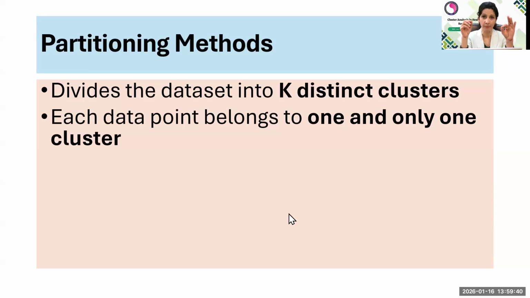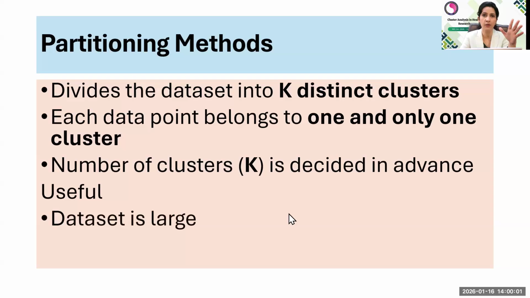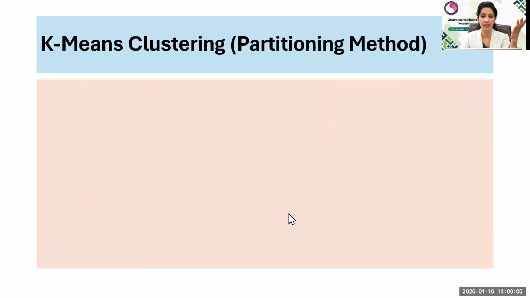So each data point belongs to only one cluster, and like I said, we decide the number of clusters in advance, and we decide that based on the hierarchical clustering. It is useful when you have a large data set. Generally in health, we go for k-means clustering or the partitioning method when the clusters are well separated.